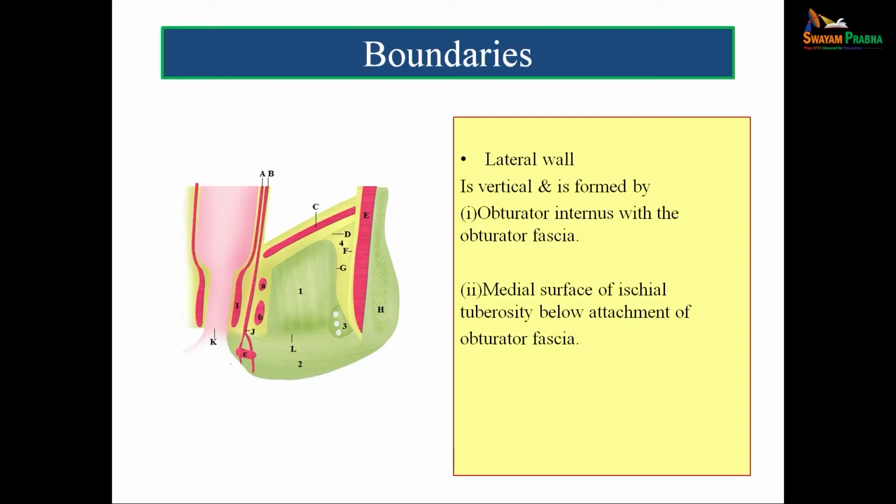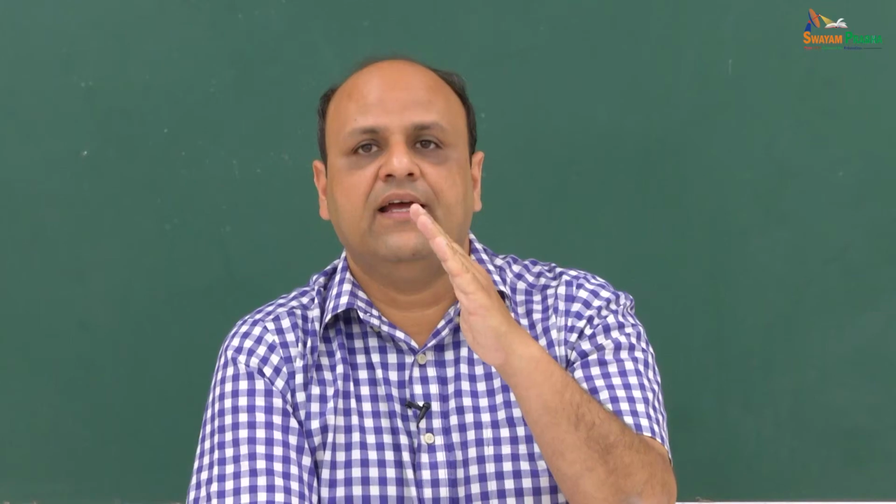Now the lateral wall is vertical and it is formed by two structures. One structure is the obturator internus, which is marked by E in the figure. It has got a fascia in association with it. The lateral wall is formed by obturator internus and obturator fascia in the upper part.